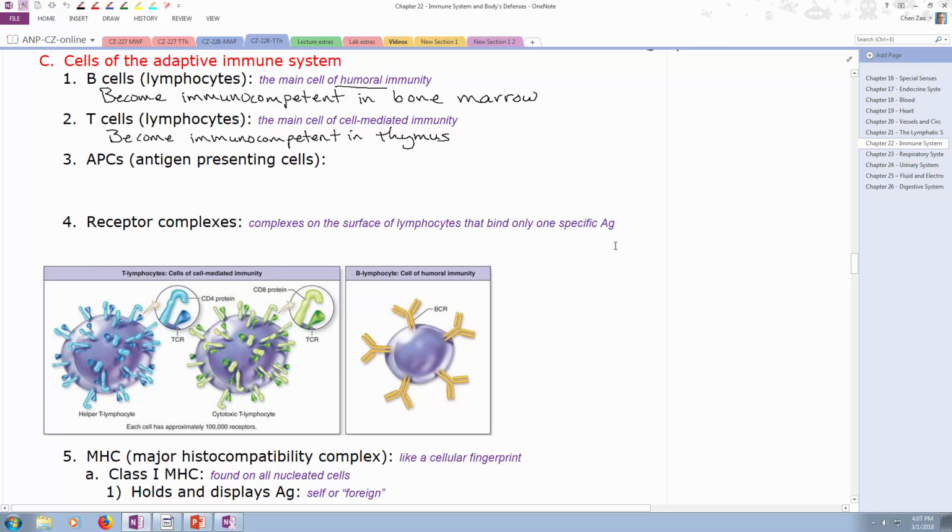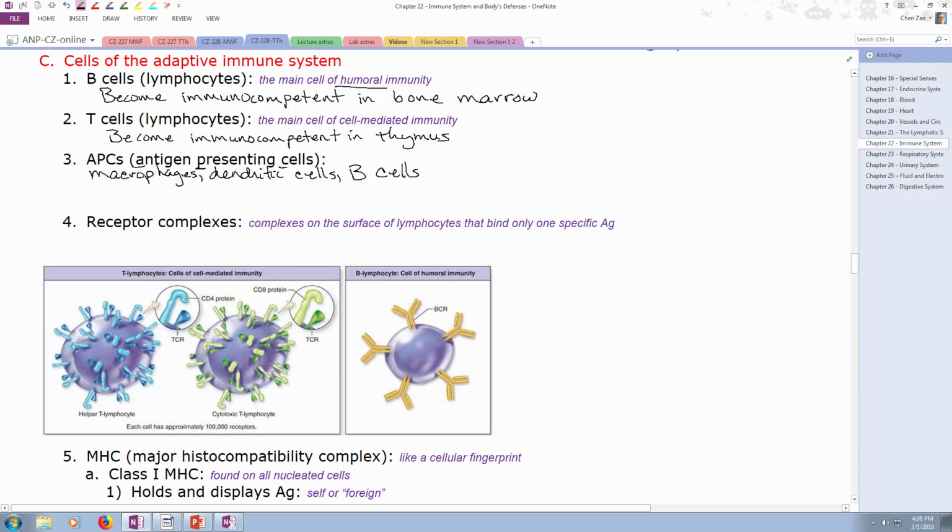APCs stands for antigen-presenting cells. So these cells are macrophages, dendritic cells, which are the macrophages associated with our skin, and also B cells can act as antigen-presenting cells.